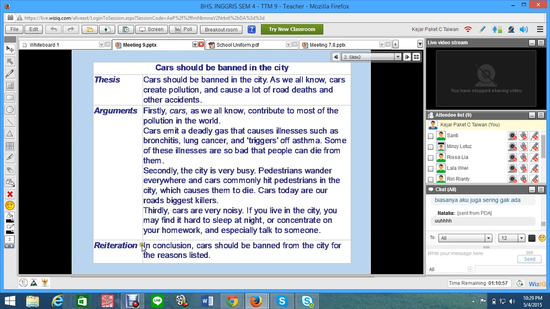Now, reiteration. Reiteration means conclusion. So the reiteration in the conclusion says, cars will be banned from the city for the reasons listed.